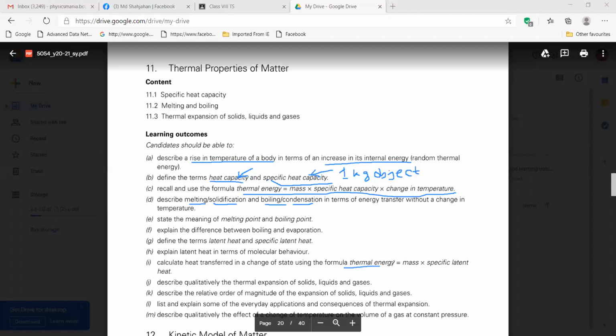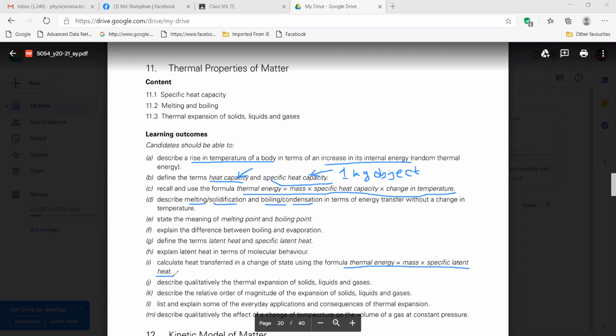Okay, then you got this formula: thermal energy equals mass multiplied by specific latent heat. What is the definition of latent heat given in your notes? The thermal energy or heat required to change one state to another without any change of temperature is called latent heat.